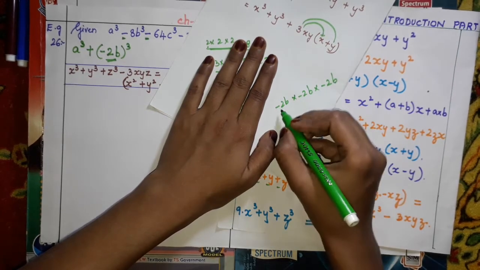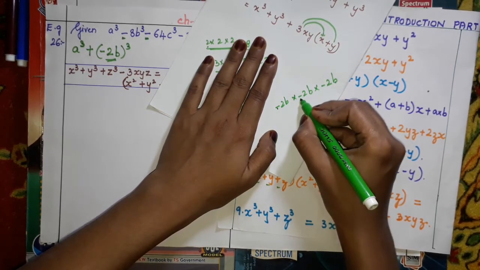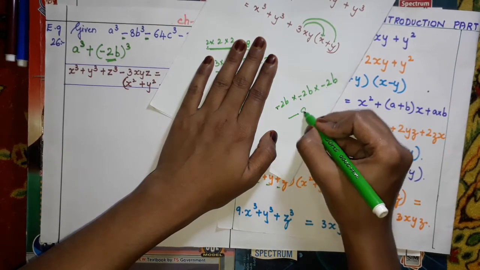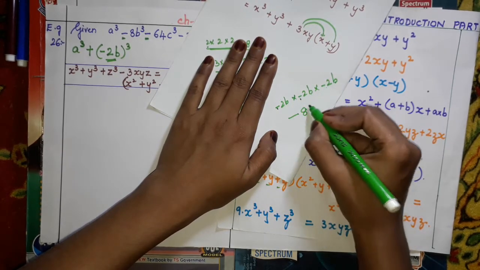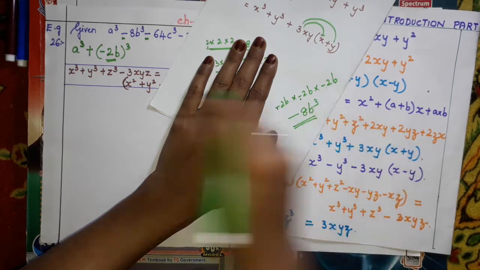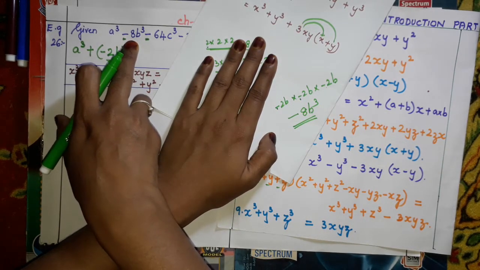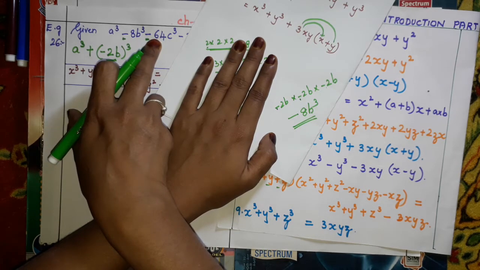When we multiply, minus into minus is plus, plus into minus is minus. 2 2s are 4, 4 2s are 8. b into b into b is b cube. Did we get the answer? Minus 8b cube. Yes.